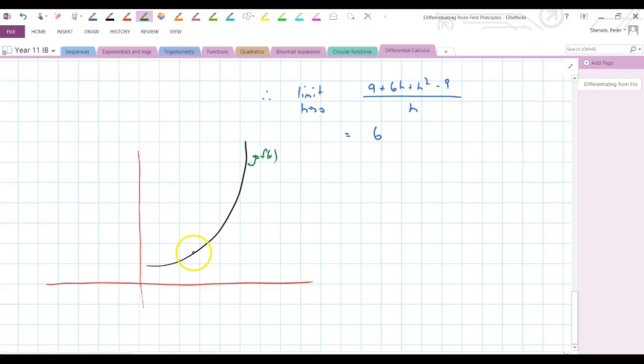Between the point, let's take the point x, and that'll have y coordinate f of x, because whatever we put in for x is the function value of x. Let's go to another point, and we're going to do the same thing. We're going to go h to the right, and if we do that, we're at x plus h, and the function value at x plus h is f of x plus h.